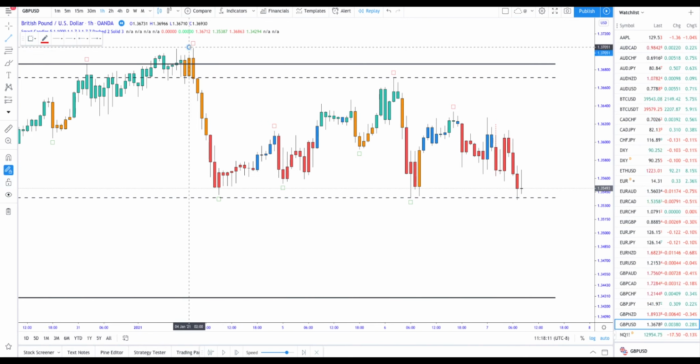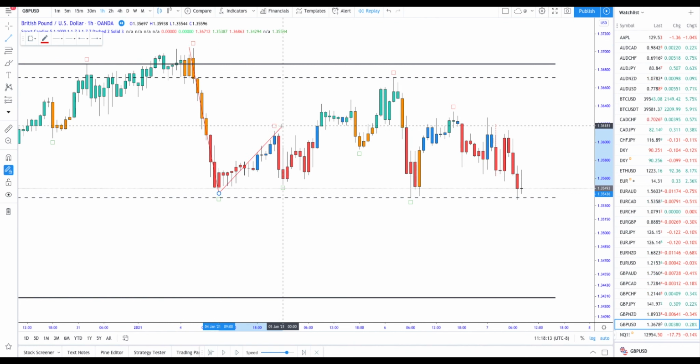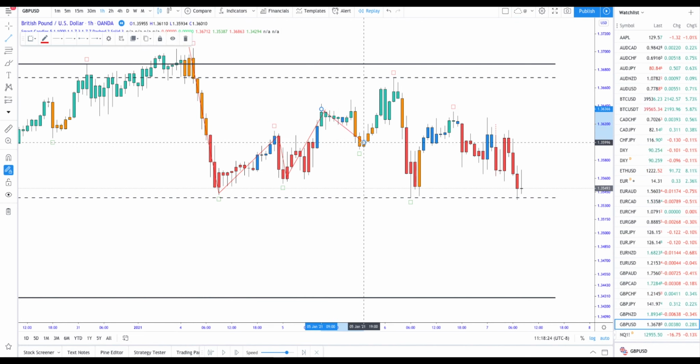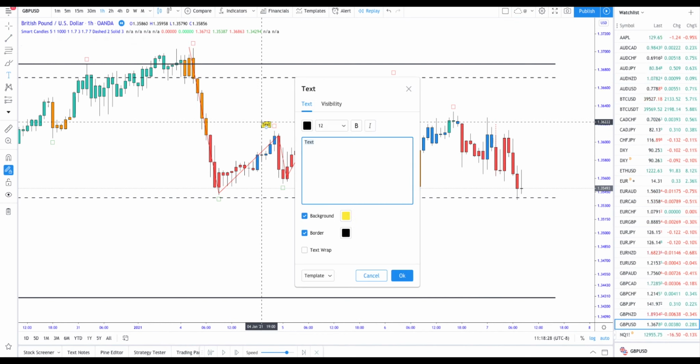So we have this move here. We have an impulse. We have a retracement. We have an impulse to the upside now that breaks this current structure. We have a retracement. We have an impulse. So if I label this, we can see how these line up with market structure.